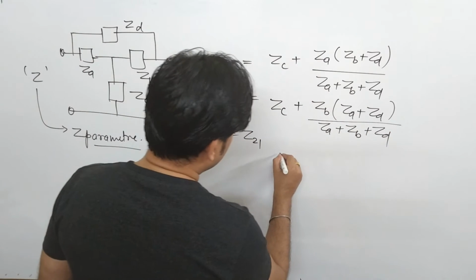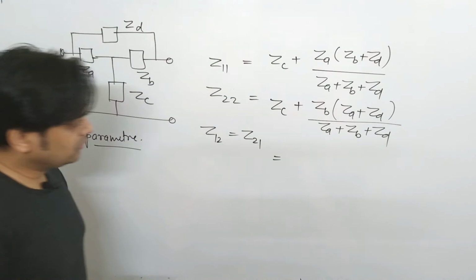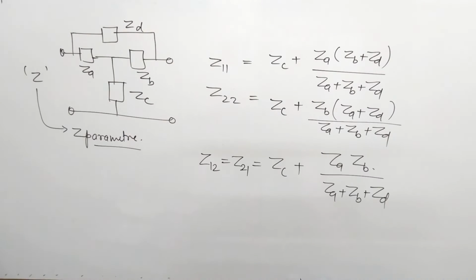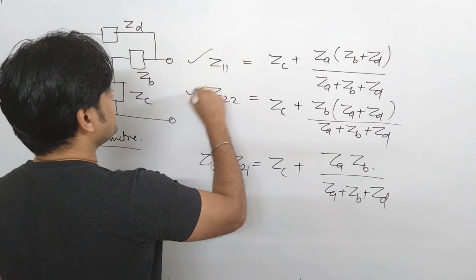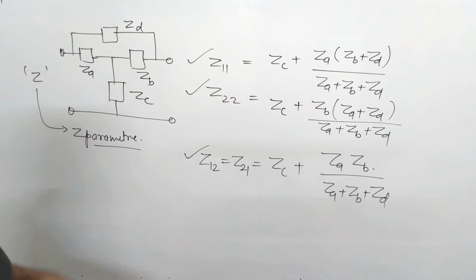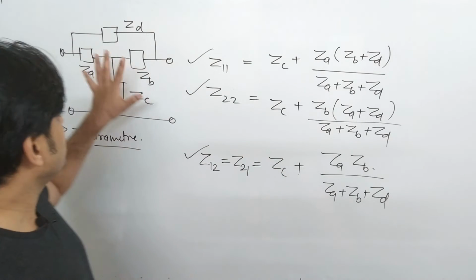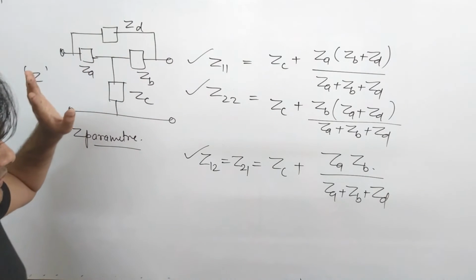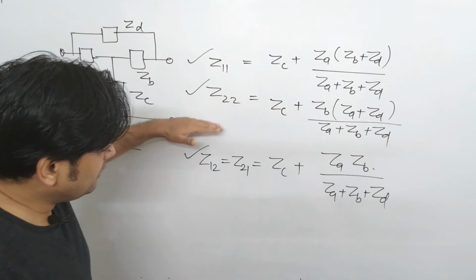If you talk about Z21, so this is Z11, this is Z22, and this is Z12 and Z21. The value is ZC plus the product of these two impedances over the sum of these three impedances. So this you have to remember.